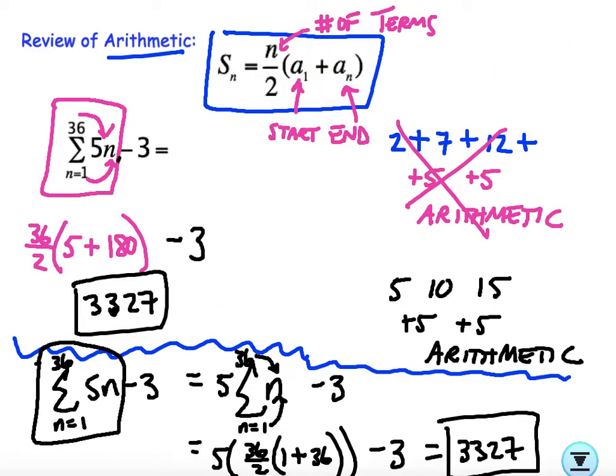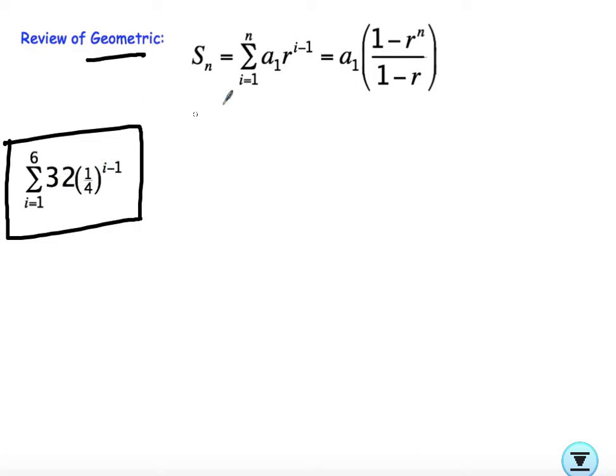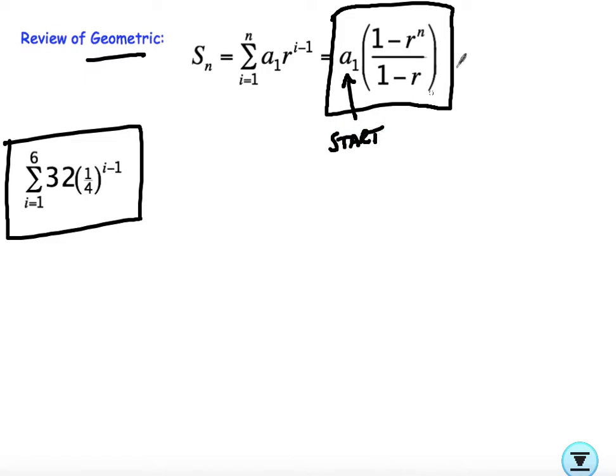Let's try another one. Okay, when I see this problem, I'm noticing that I've got something times something to a power. And when you see that, something times something to a power, that's geometric. And here's our summation formula for geometric. There's your starting term, and then n is your number of terms.